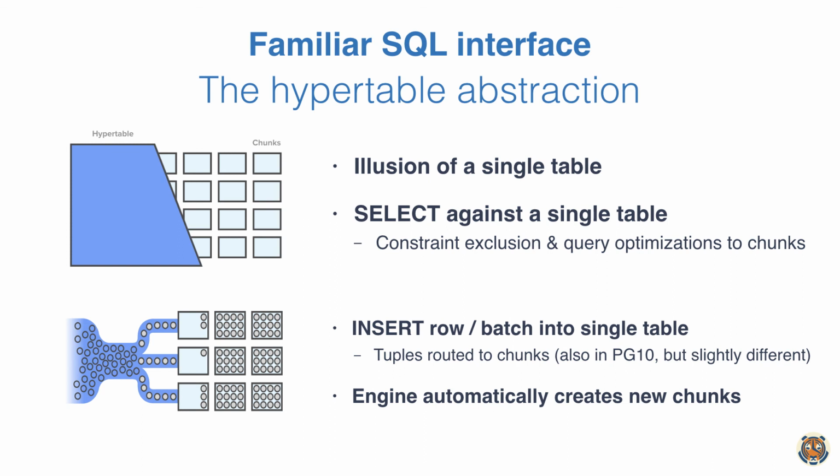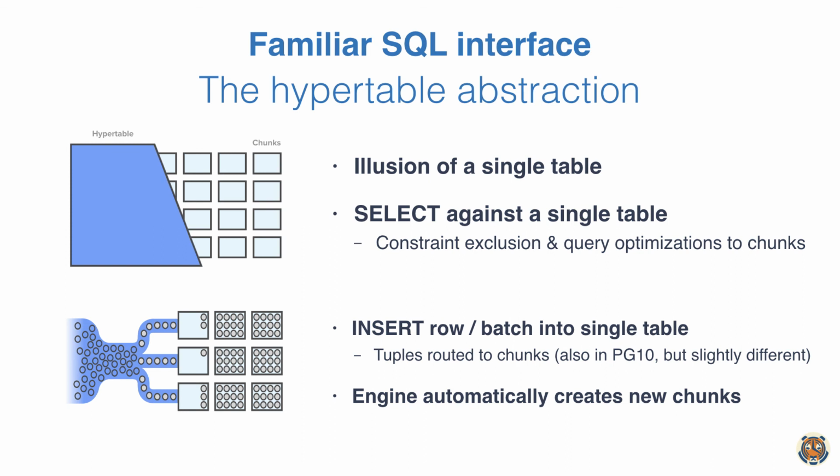So all your selects can go across your hypertable and your inserts as well. So you insert to the hypertable, and underneath the hood, it routes it to the correct chunk.